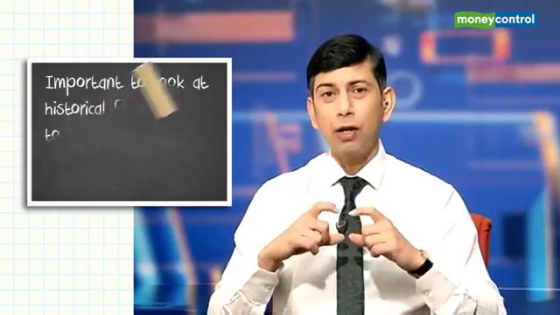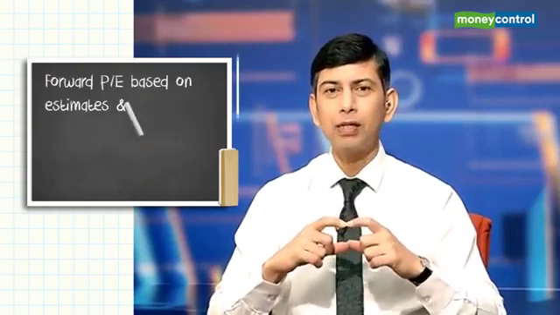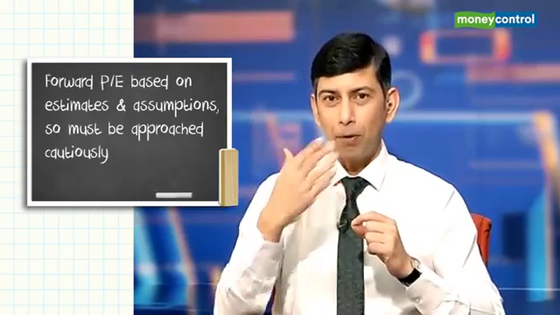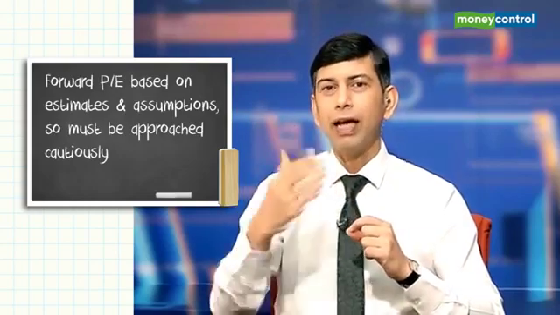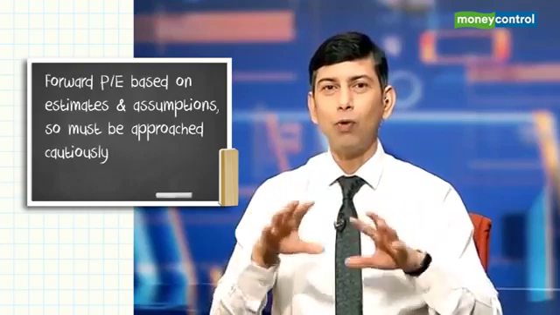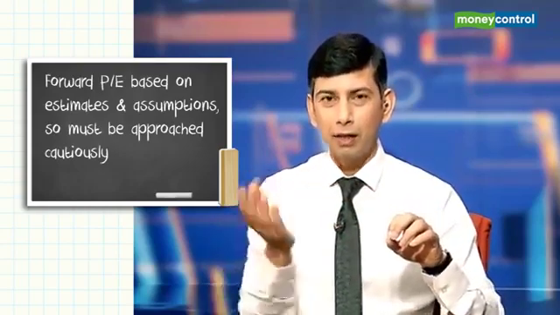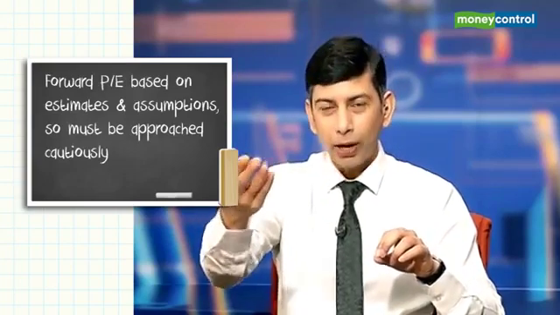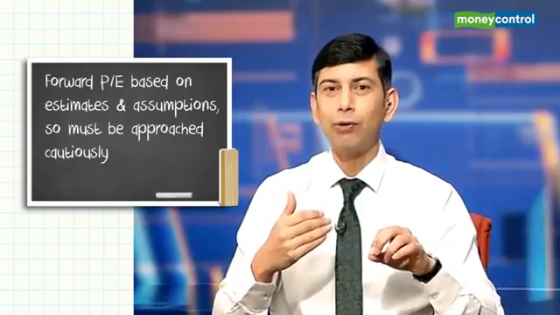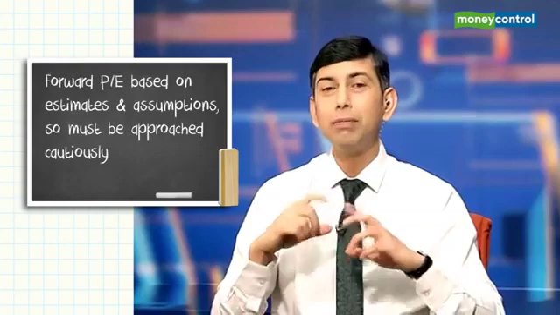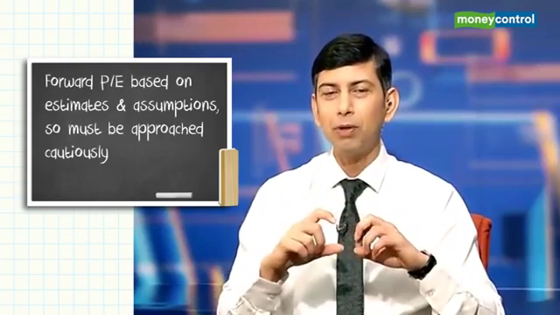That is a huge stumbling block for forward PEs because you are making a terrific and very dangerous assumption in making that PE multiple calculation by factoring in that what was 100 in terms of earnings, the base of the PE, will become 120 next year. But when you see that the 100 does not go to 120 but goes to 102, then in hindsight you realize that you made a mistake in thinking that the PE multiple was lower.